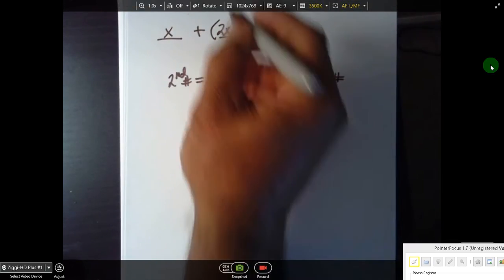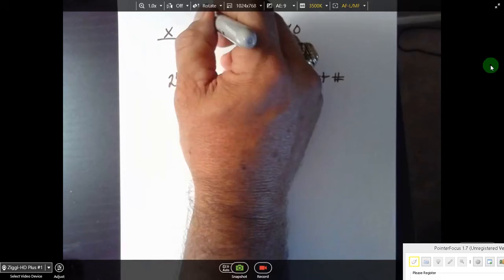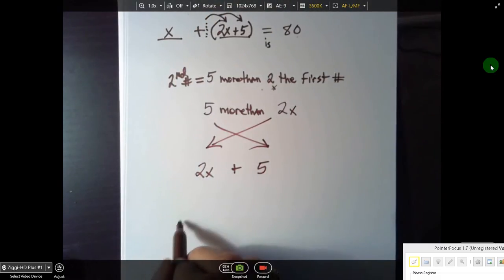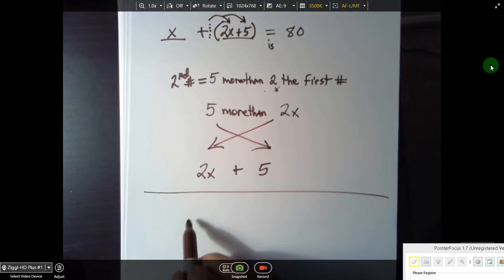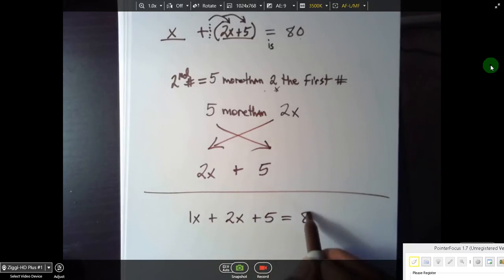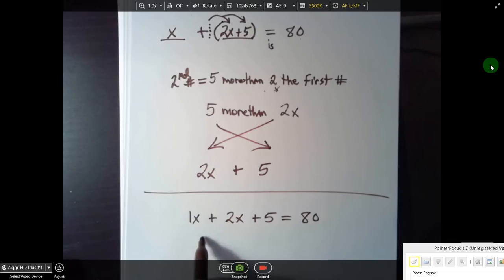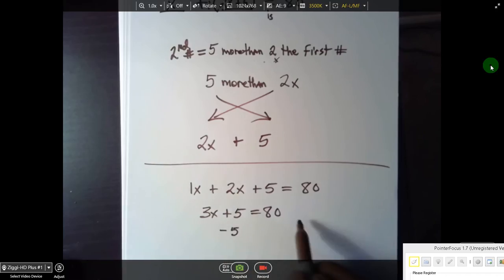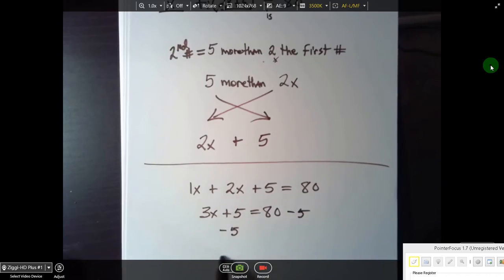There's a positive 1 right here, so you distribute it to get rid of the parentheses. That gives us 1x plus 2x plus 5 is equal to 80. 1x plus 2x is 3x, and we subtract 5. 3x is equal to 75.